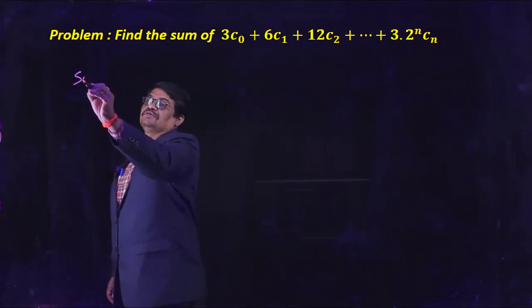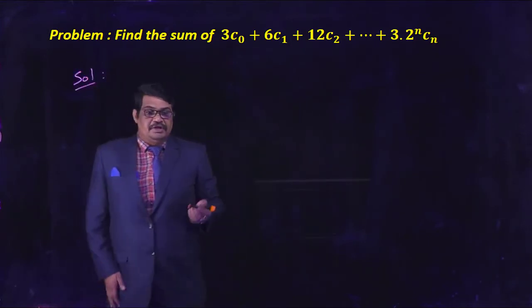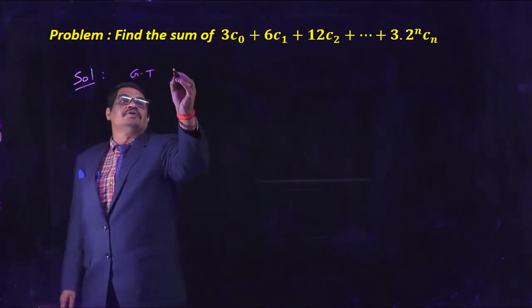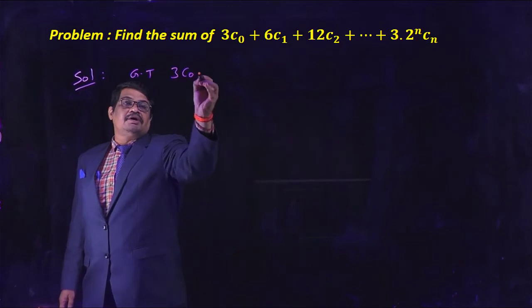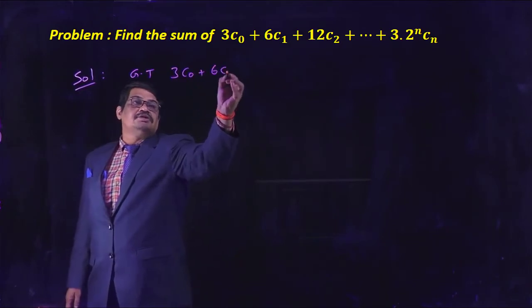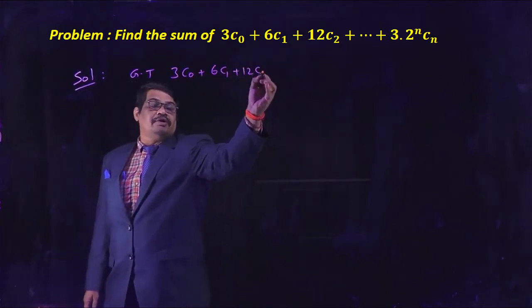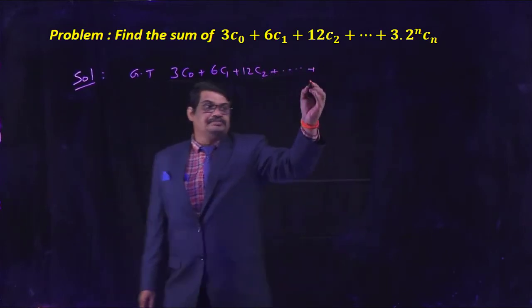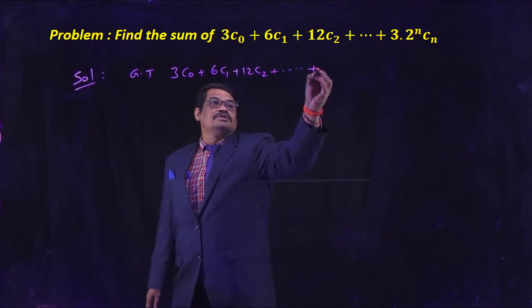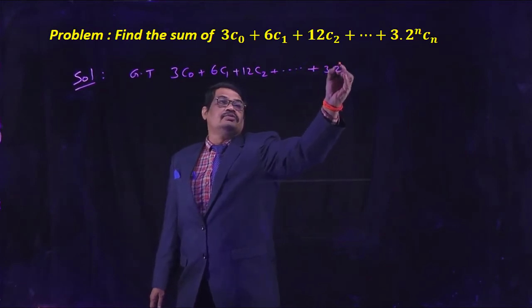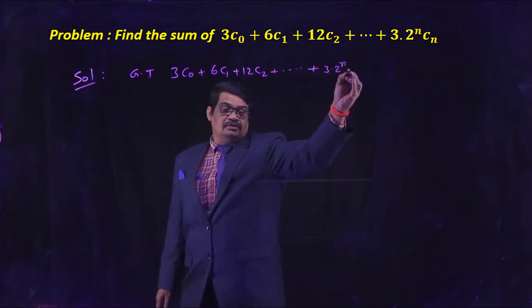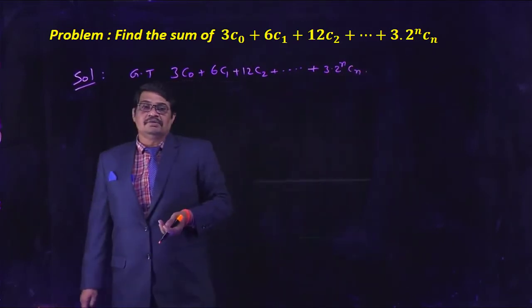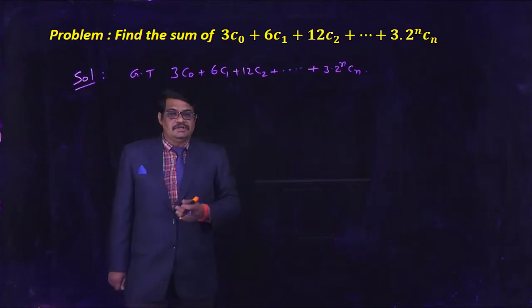The given series is 3c0 plus 6 into c1 plus 12 into c2 and so on, plus 3 into 2 to the power of n cn. Now we have to find the sum of the series.